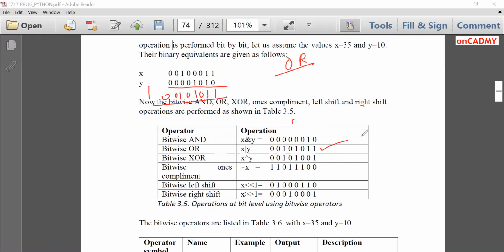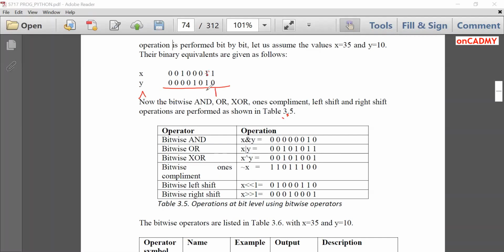Now the next one is bitwise XOR. In case of XOR operator, it is represented as this cap symbol. And in bitwise XOR, if the inputs are opposite, either 1, 0 or 0, 1, only then the output will be 1, otherwise it will be 0. So 1, 0, 1.